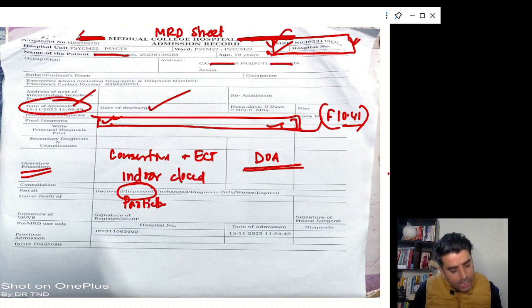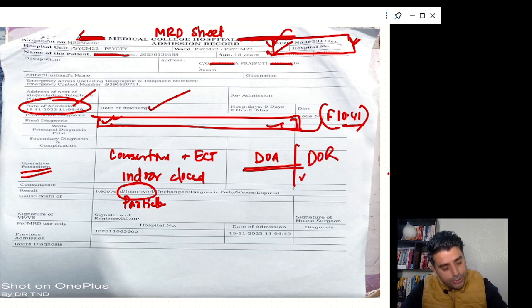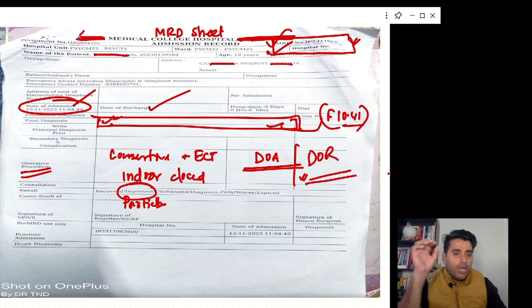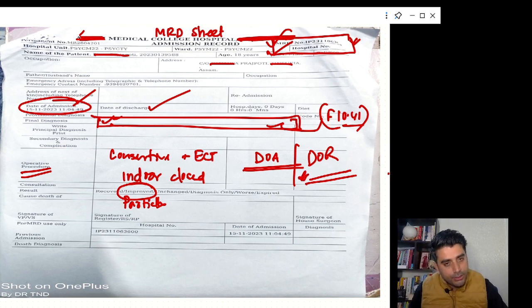If you are giving DOR here, remember you need to take one signature there. I talked about 3 important signatures of the attendant in case of discharge on request: one in the discharge certificate, another in the MRD sheet. If you are giving discharge on request, you need to take the signature of the attendant with the full name and relation with the patient.